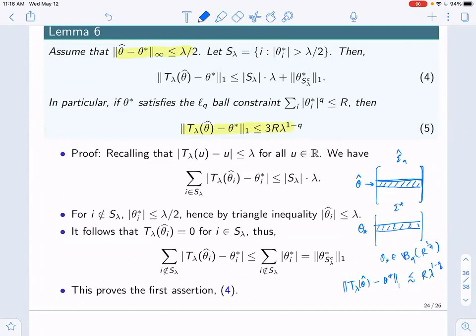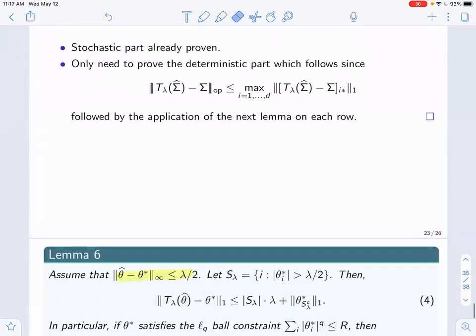But how does this relate to the operator norm? I think one of the norms, I can't remember if it's the infinity norm or the one norm, is the maximum absolute row sum. Okay, yes, great. That's exactly what we're going to do.